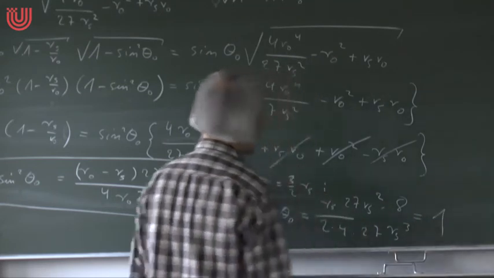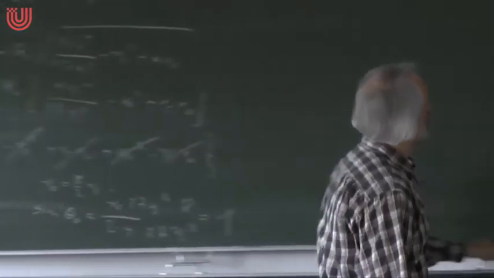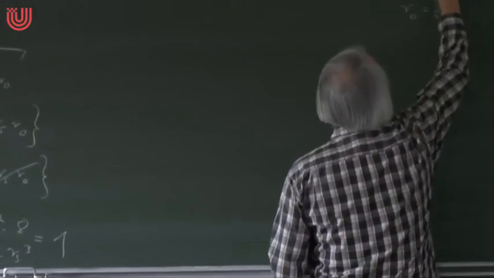And you see this is indeed 1. So if you are at the light sphere, then half of the sky is dark.